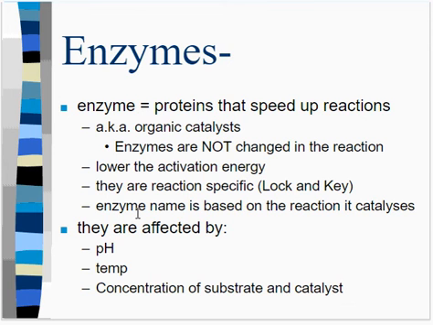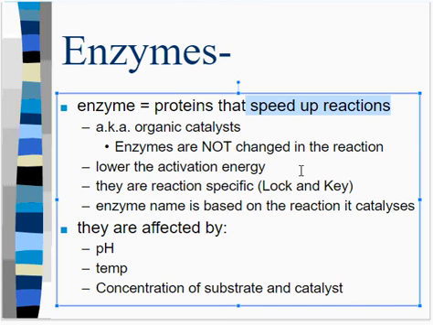Enzymes are the biological catalysts of your body. They speed up chemical reactions, and they are not changed in the reaction. And because they are not changed in the reaction, they can be reused over and over and over again.